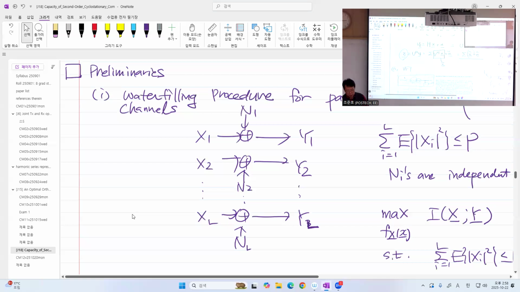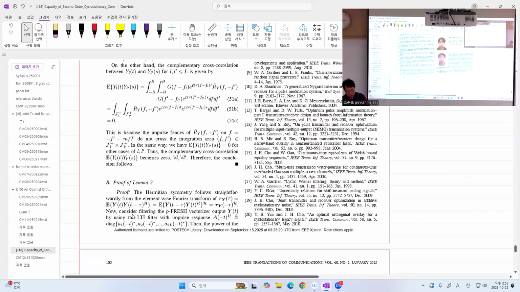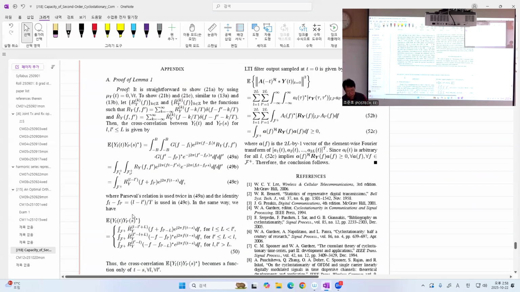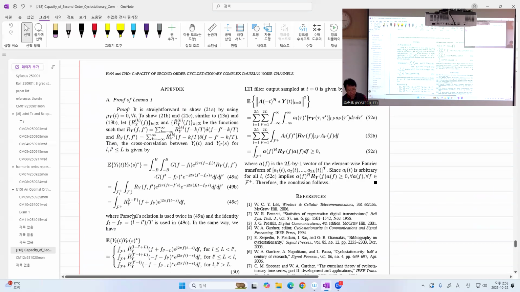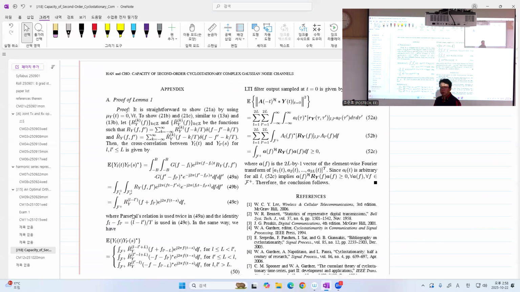And let's see the appendix. Yeah, and I remember the proof was lengthier than it appeared here, because originally the paper was a part 1, part 2 paper, and originally it didn't have any impropriety.